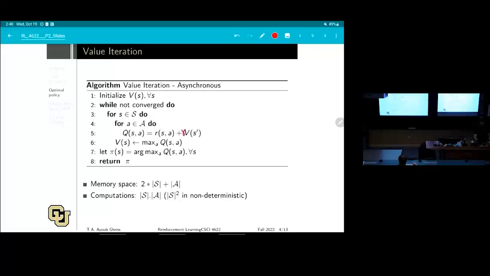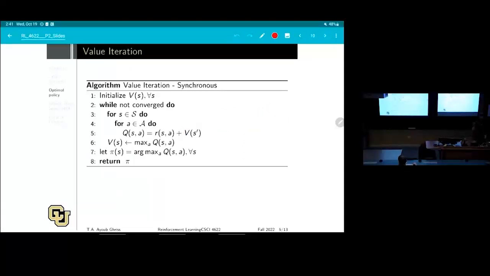Why? Because instead of V(S prime), we're going to have the sum over the transition probabilities of S prime given (S, A) times V(S prime). So for each S, we're going to have S operations, so it's going to be S squared. But for the deterministic one, we're only going to have a constant number of computations.